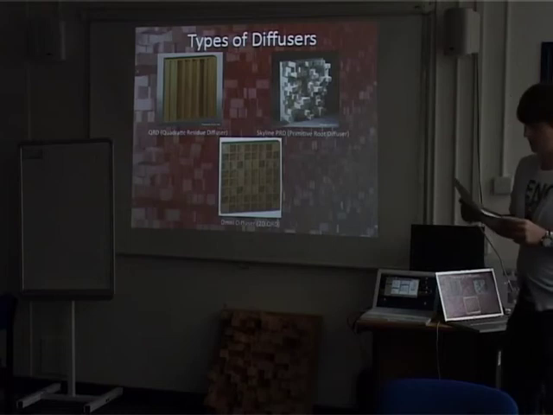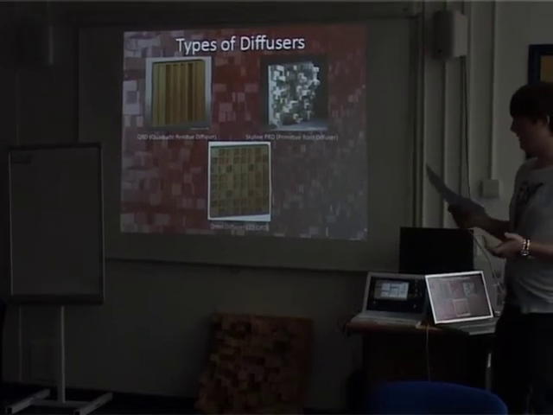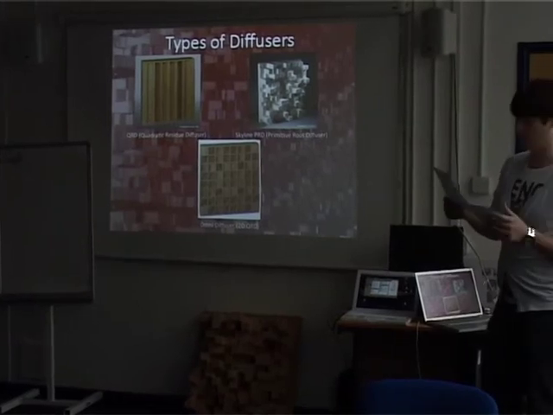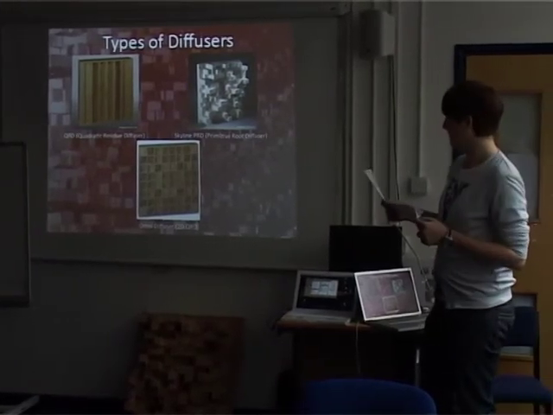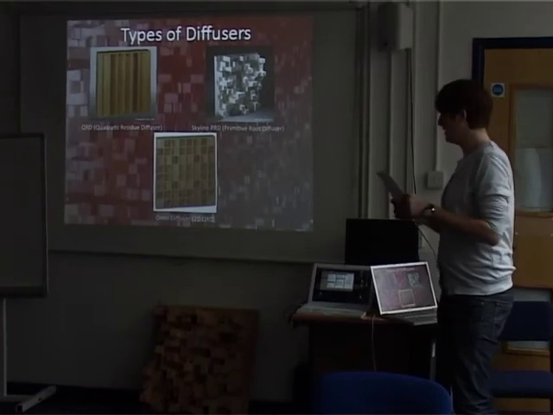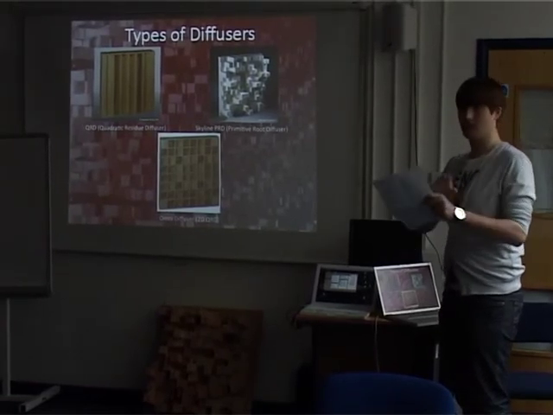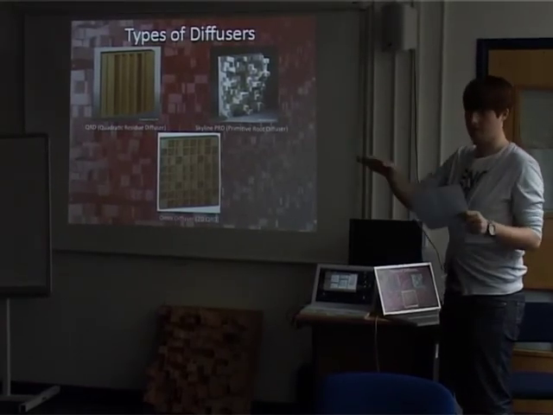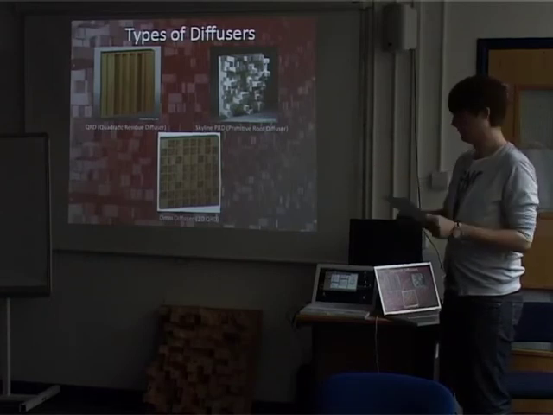Types of diffusers. There's a QRD diffuser, a quadratic residue diffuser, which is named that because it works on the equation of quadratic residues. It's also 1D, so instead of diffusing both up and down, it only diffuses horizontally.